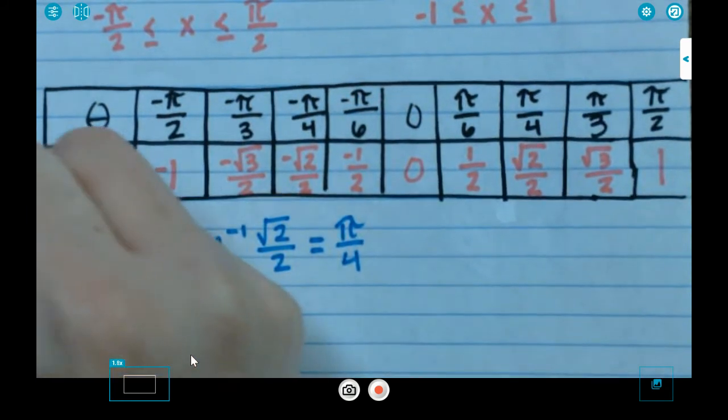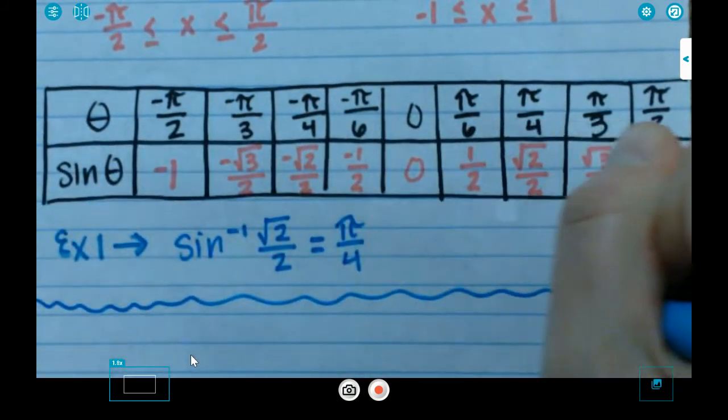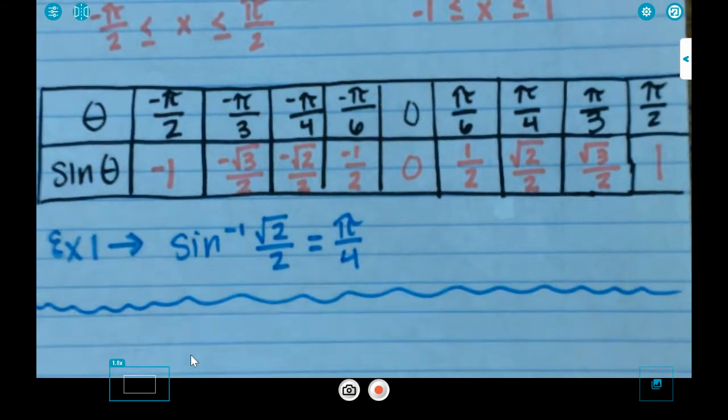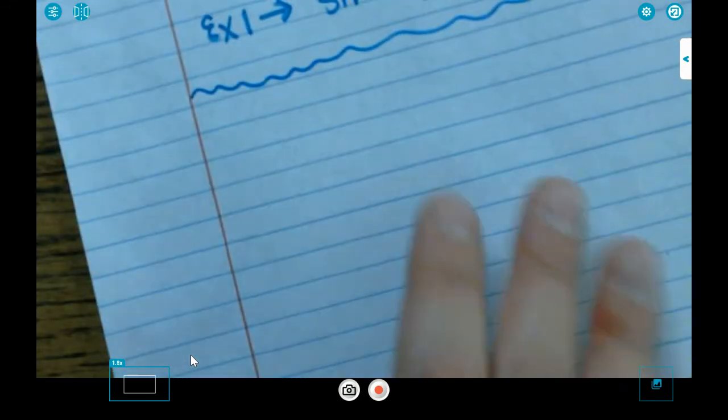All right, let's talk about cosine. And I am not confident in my ability to fit this on the same sheet of paper, so I'm going to move to another sheet of paper. I'm finicky like that. All right, so for cosine, let me zoom back out here.